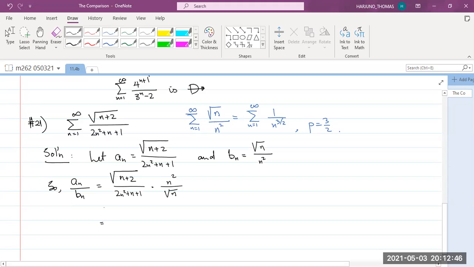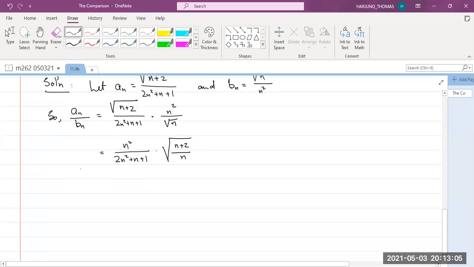This is equal to n squared over 2n squared plus n plus 1 times square root of n plus 2 over n. Okay, and this is equal to, now for the first factor, I will divide by n squared.